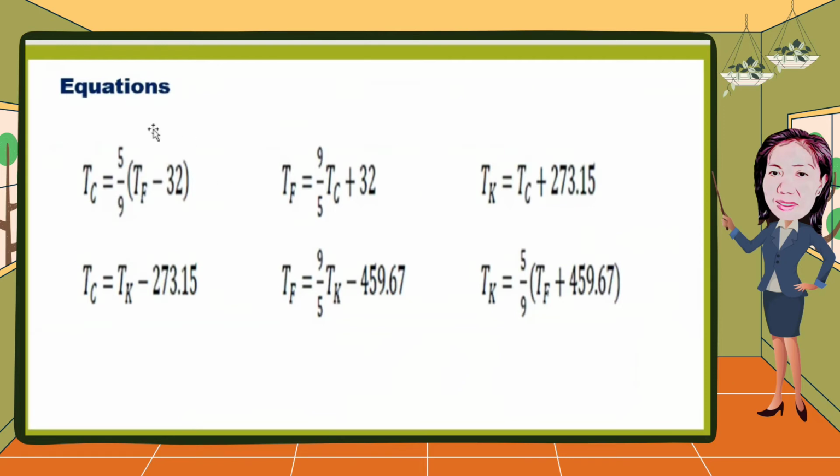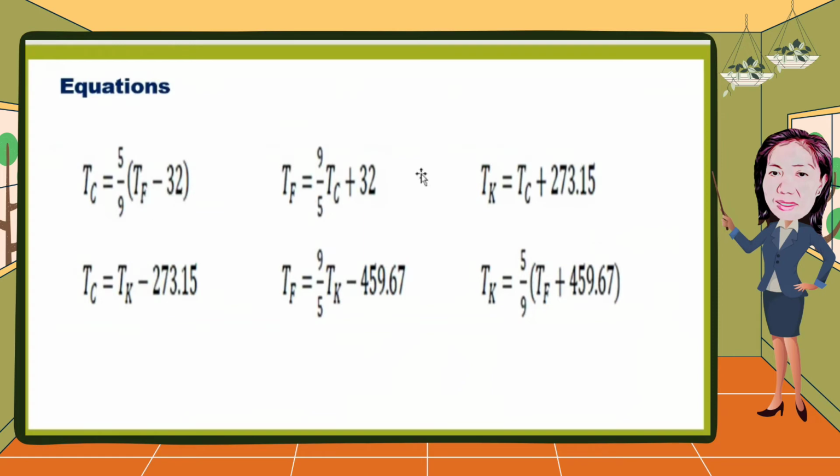So to convert the temperature in Fahrenheit to temperature in Celsius, you're going to use this equation: 9 over 5 times the value in Fahrenheit minus 32.